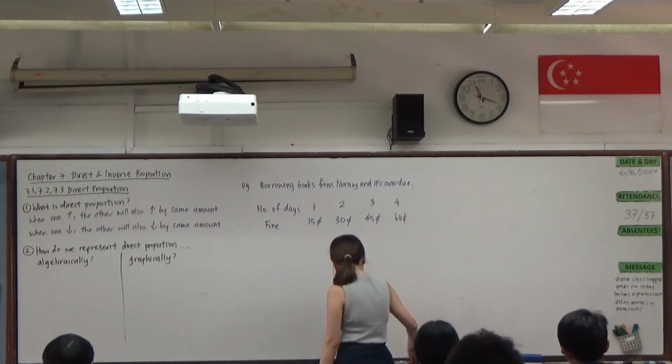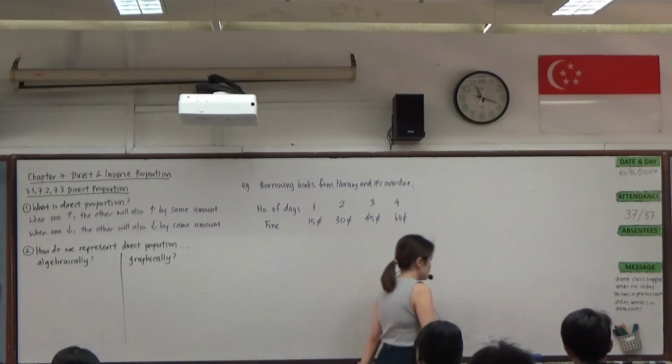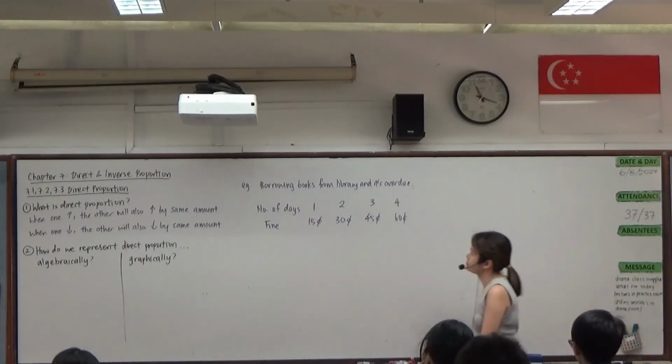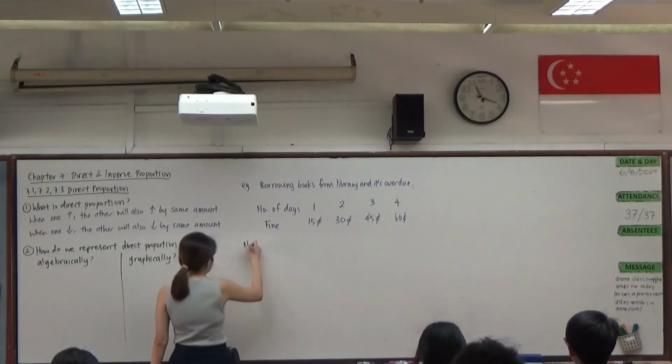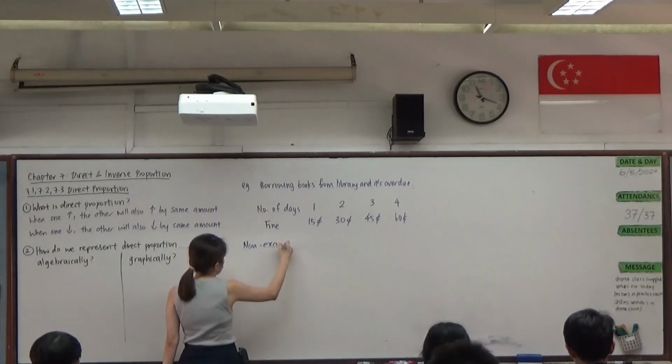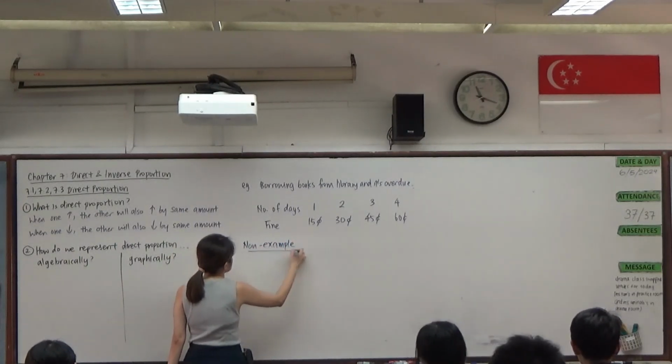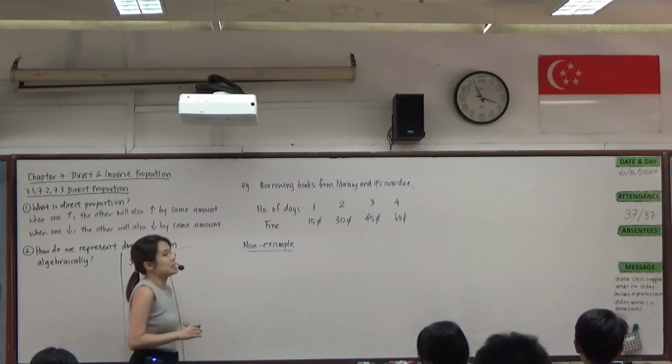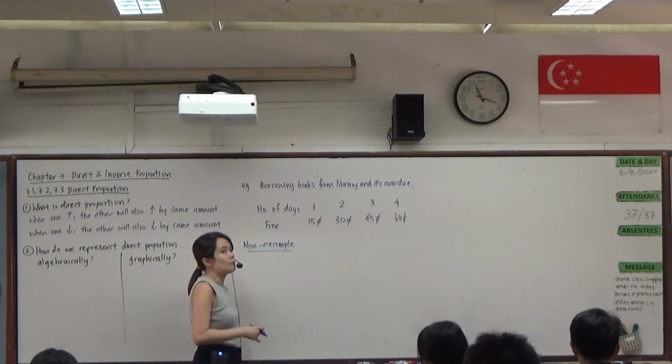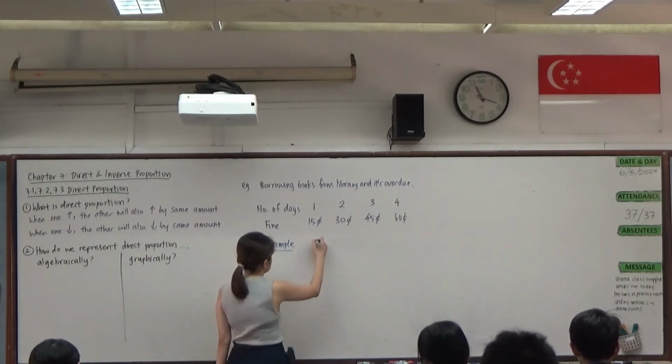To give you a non-example of direct proportion, that means something that is not direct proportion. Maybe there is this promotion at the chicken rice store.